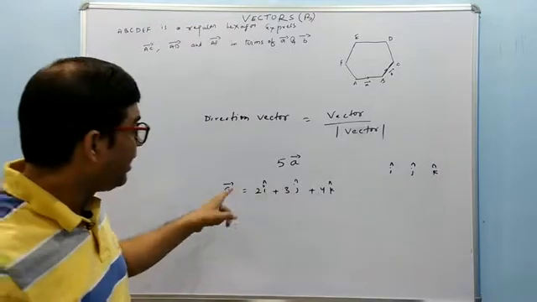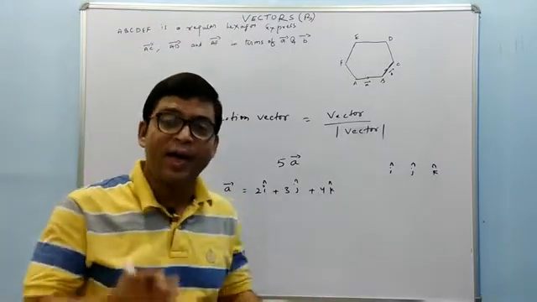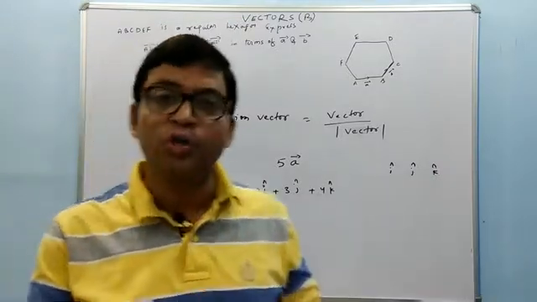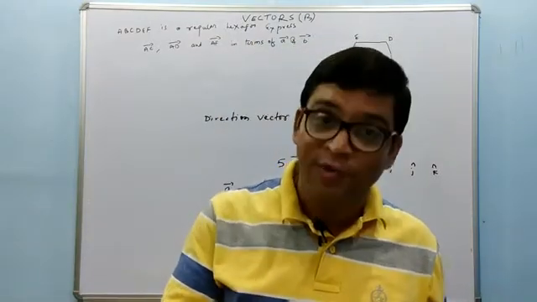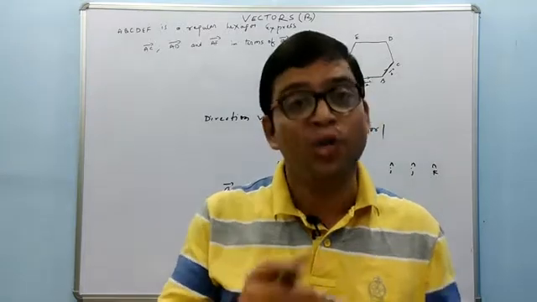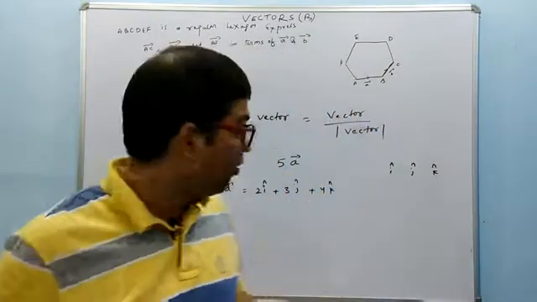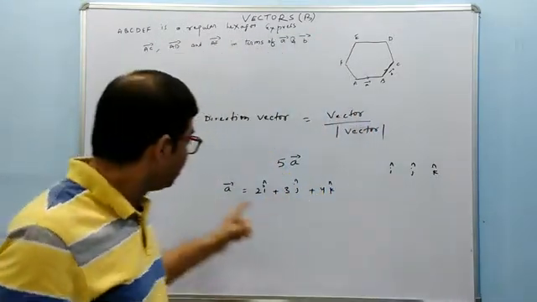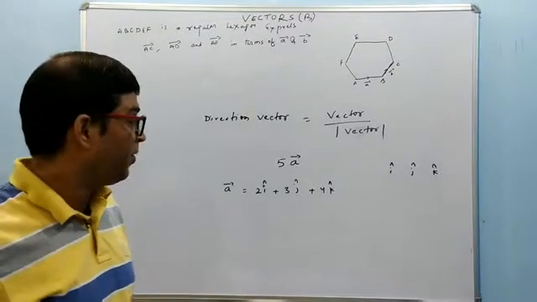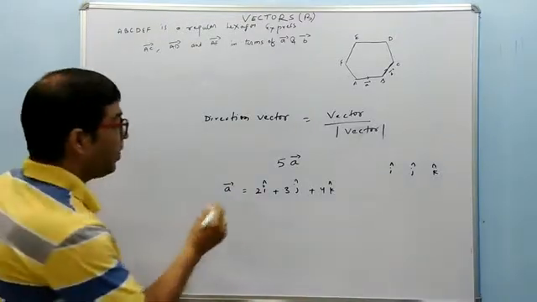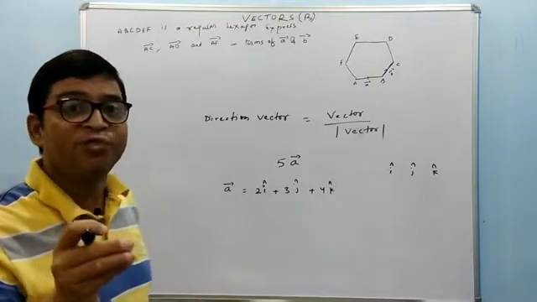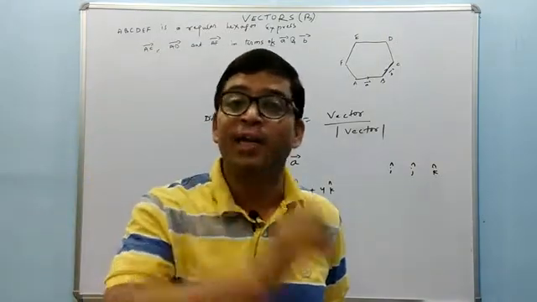So we can easily find a vector if its corresponding direction vectors along different axes are given and we know the magnitude, what units it has along different axes. Now we will see how to find the magnitude of a vector, because for finding the direction vector of a given vector we need the magnitude.